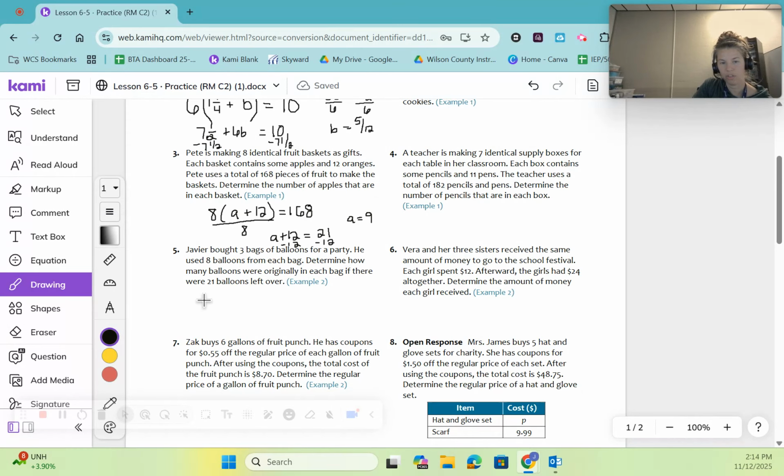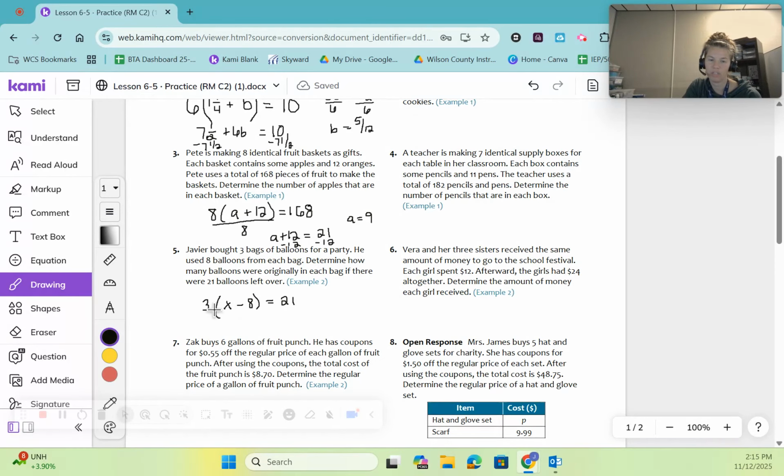Again, we have 3 bags of balloons, and in each bag there was some amount of balloons, and then he used 8 of them. Once he used those 8, there were 21 balloons left over.